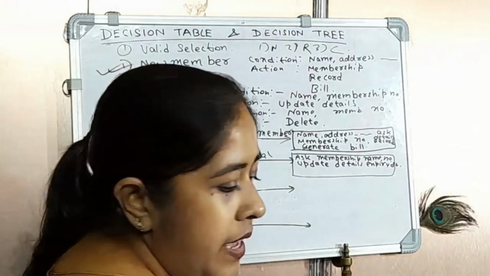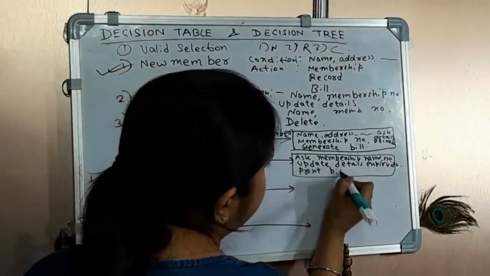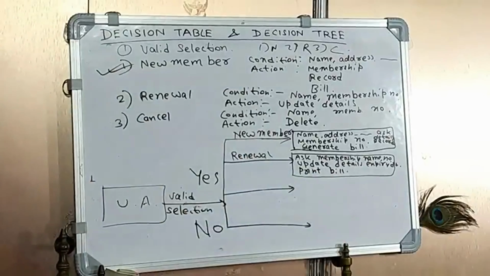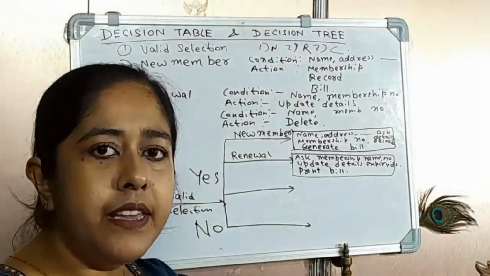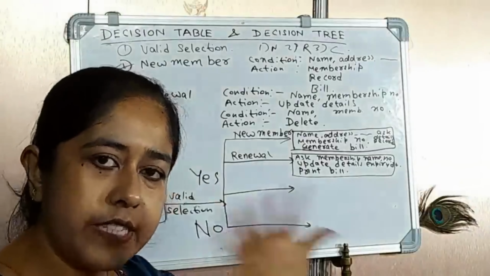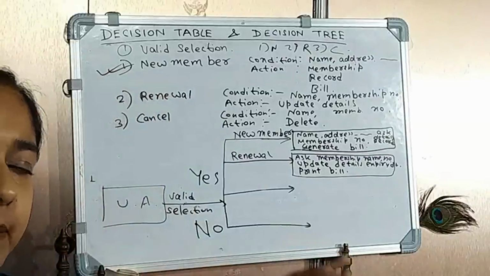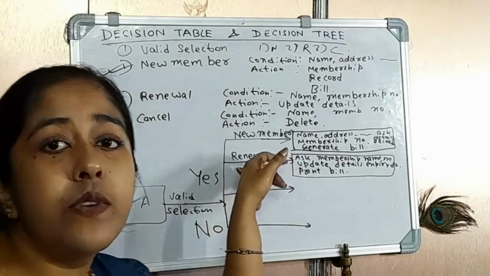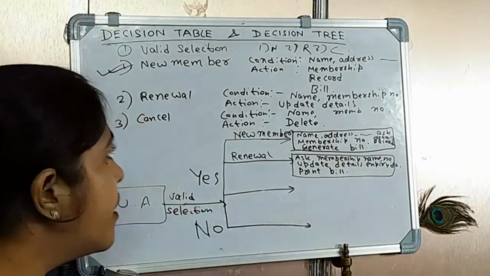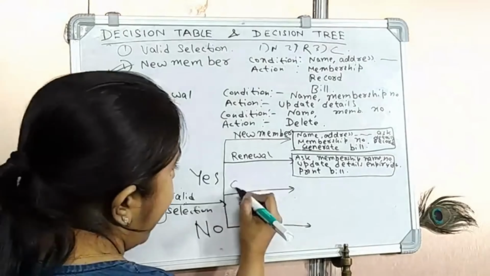And they will again print a bill, since again you have to give some payment, whatever fees you have to give for the update. You are submitting that fee and you are getting a bill, and your member details are updated. So this is my second condition, that is my renewal condition. Then this condition is also done. Then my third thing, that is cancellation.